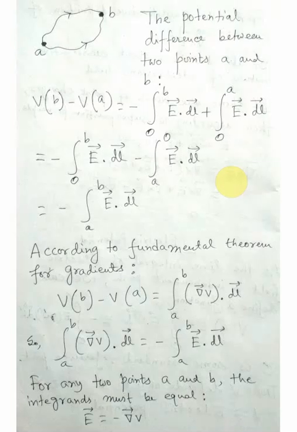Okay, what will be the potential at a point where there is no charge distribution? For today I am leaving it here.